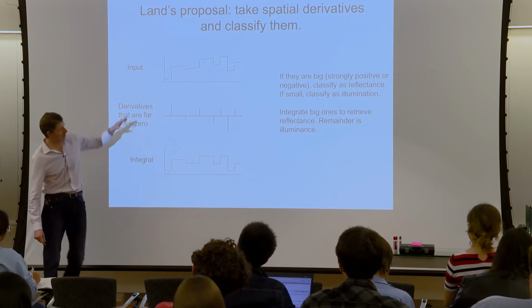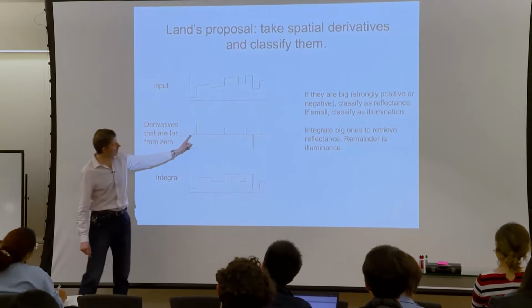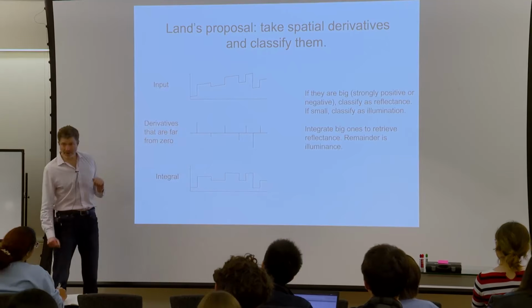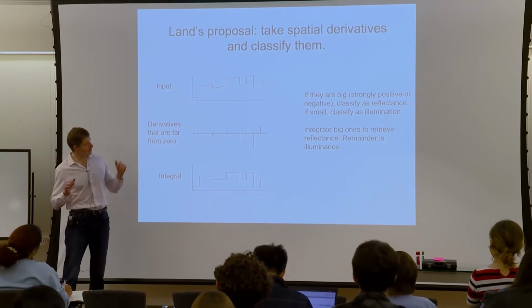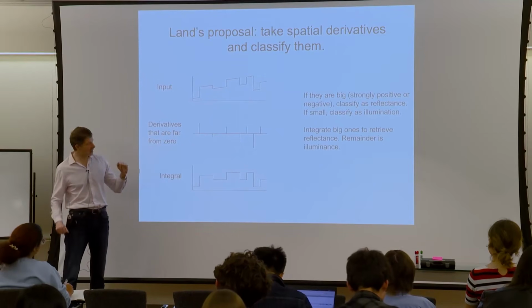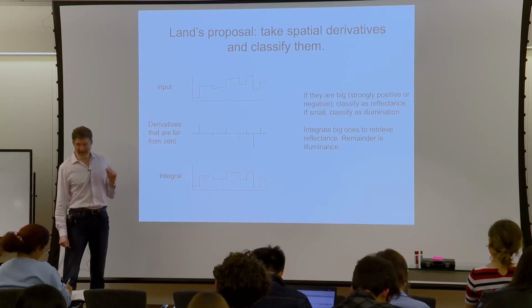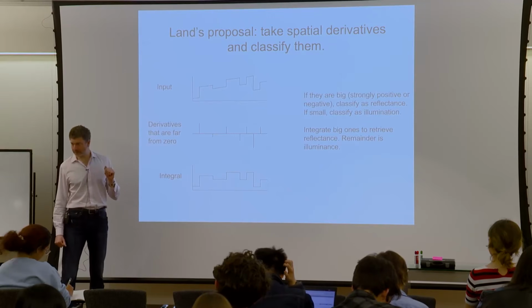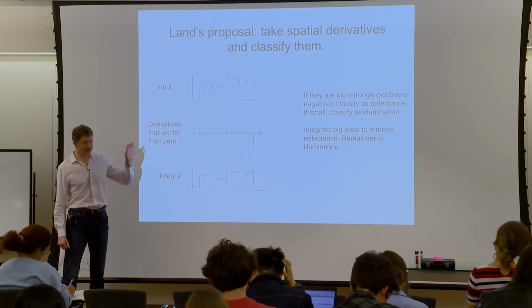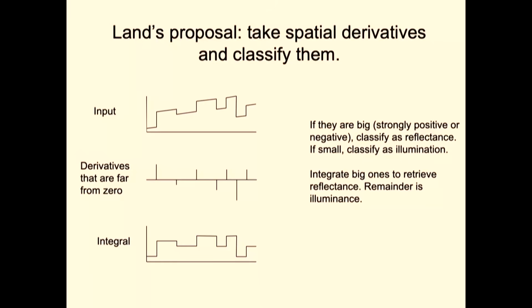Okay? And so the idea is that you go through, and in any place where the derivative is large, so either strongly positive or strongly negative, you classify that as having been due to reflectance. Okay? Any place where it's small, you suppose that that was due to illumination.